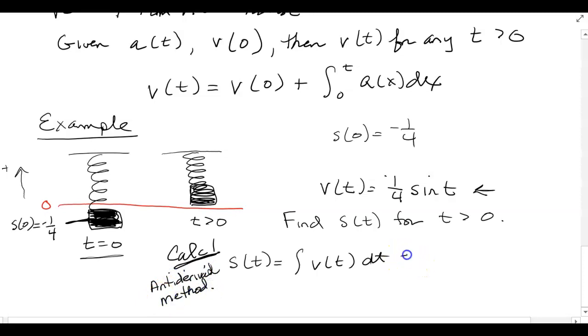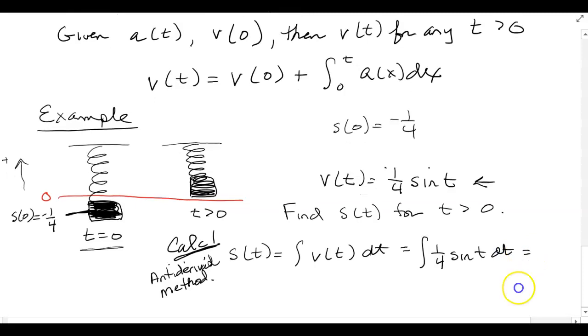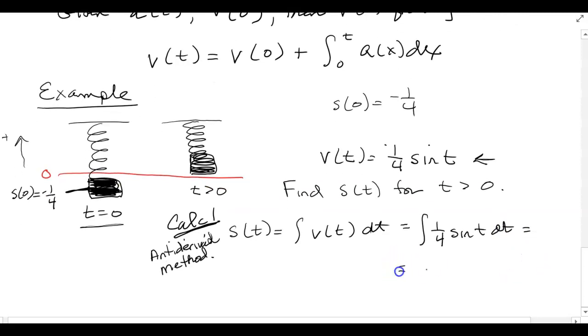Well, we simply took the antiderivative of 1/4 sine t dt. That is negative, because the derivative of cosine is negative sine, so we get negative 1/4 cosine t plus some constant c. If you recall, we found c by using our initial position.